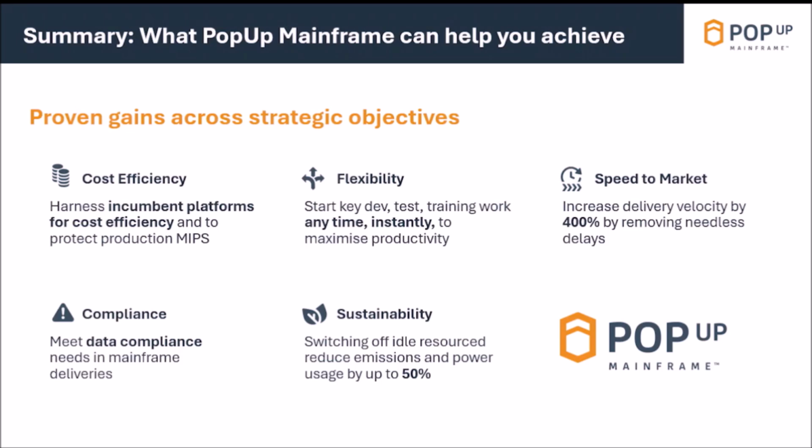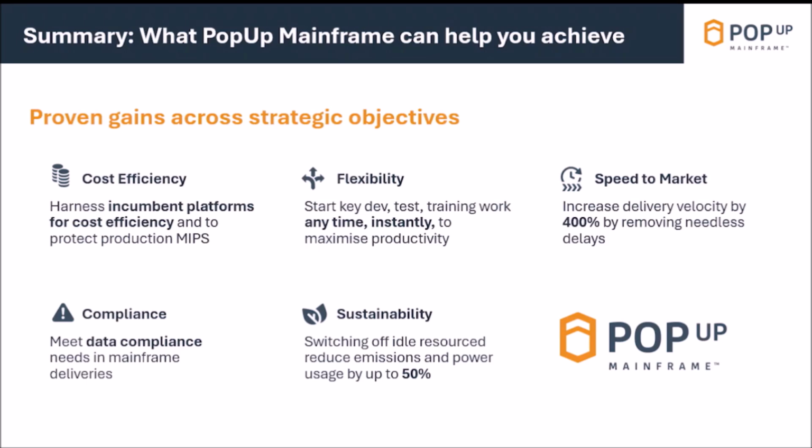What you can achieve with PopUp Mainframe depends on your own objectives. Customers using the product today have reported up to a 400% increase in mainframe deliveries made, a big reduction in the average time taken to deliver, significant sustainability metric gains by being able to switch off unused resources, and greater flexibility and responsiveness.